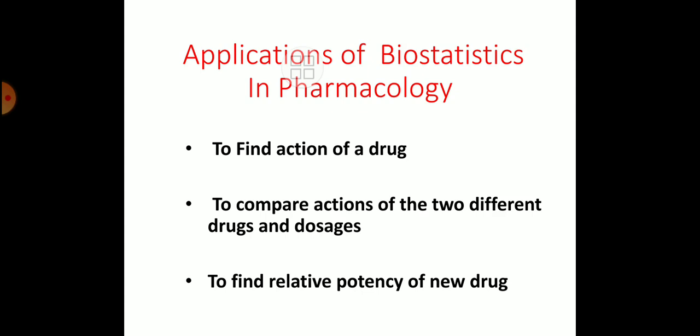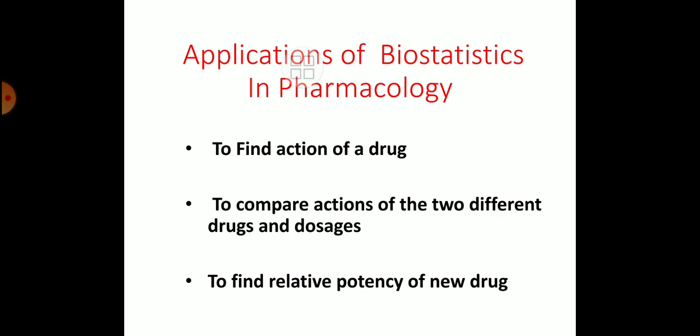And quantity, dosage, how many doses are required to cure that injury or that disease, isn't it? So definitely biostatistics is going to help to compare the action of two different drugs and dosages. Again, to find out the relative potency of new drugs. Suppose a new drug is developed by clinicians, scientists or inventors.